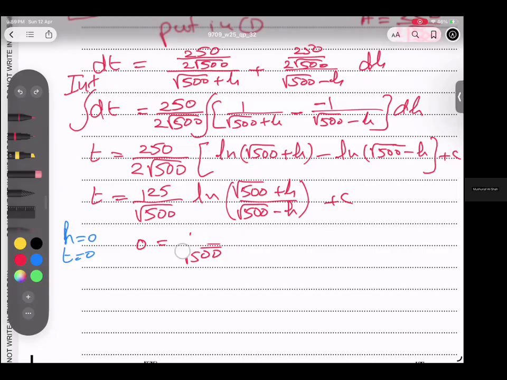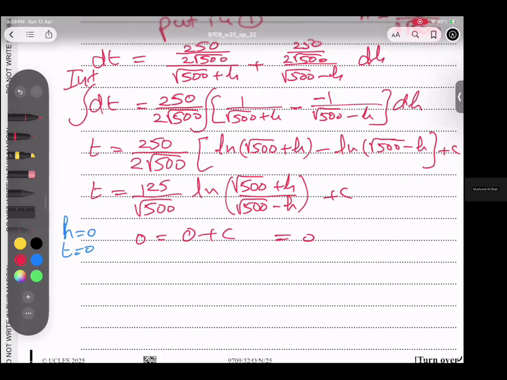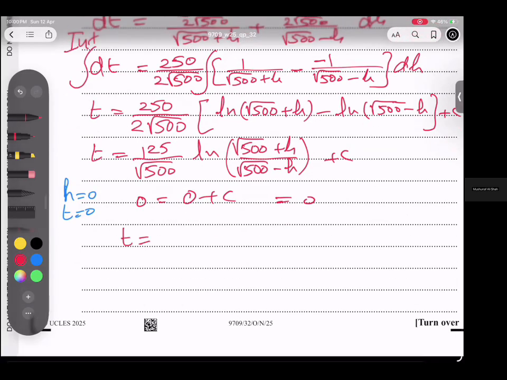So I'm saving my time. So C is 0. So I got time is equal to 125 over root of 500 times the logarithm of root of 500 plus h over root of 500 minus h.